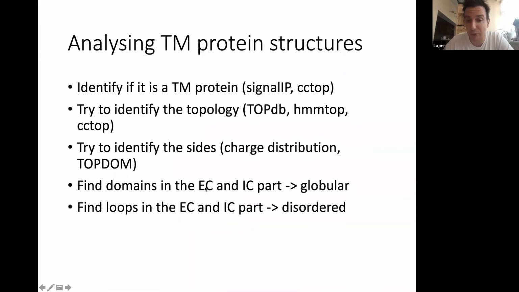Of course, if you have that kind of transmembrane protein where you have a large extracellular or intracellular part, you probably have to put that into Pfam to find the globular domains.